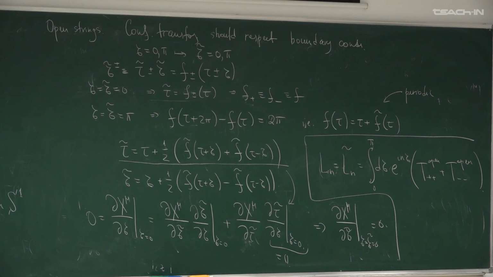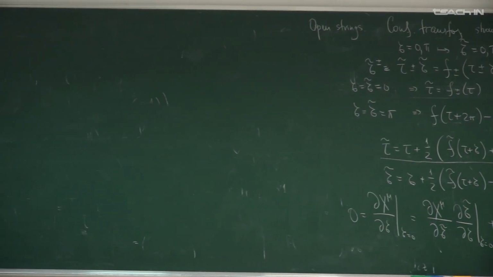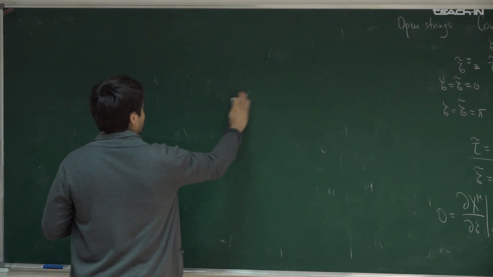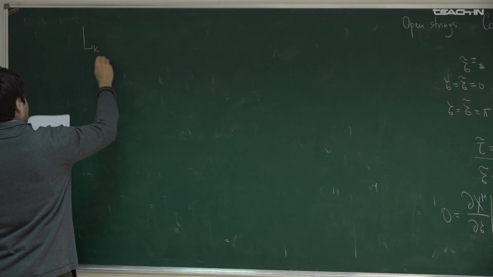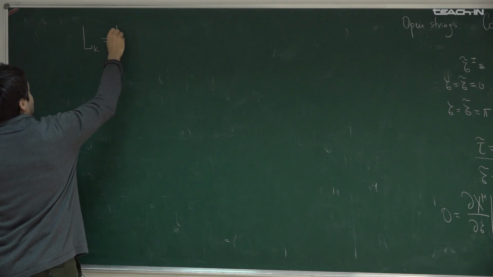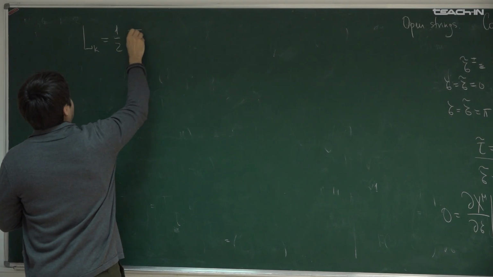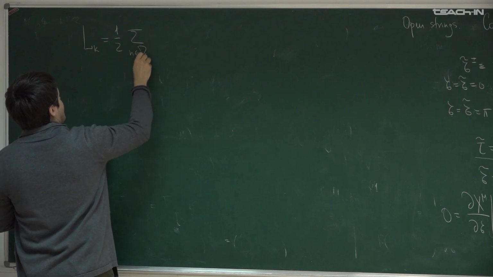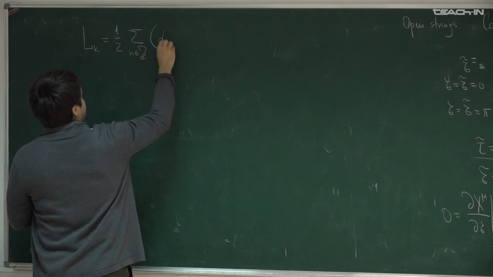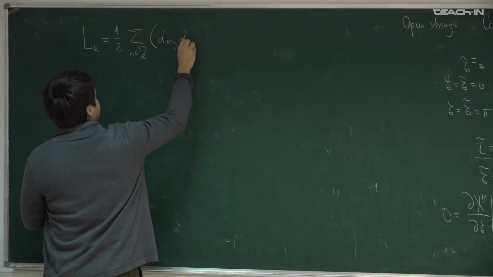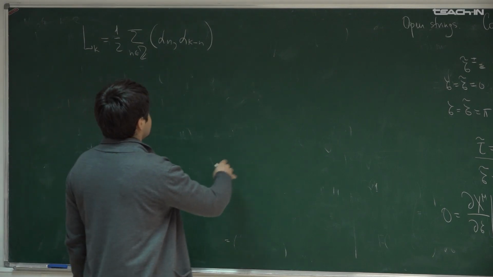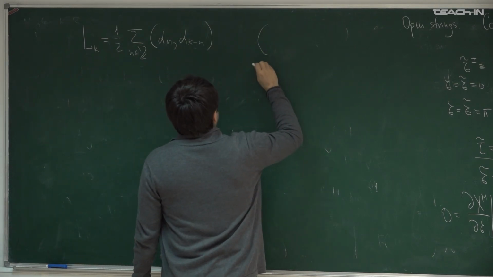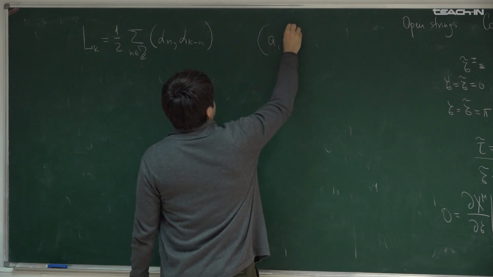So let's write out these L_n in terms of the oscillators. So the L_k, for all cases either closed or open, has the following expression: 1/2 sum, where by scalar product I mean just the scalar product in Minkowski space.